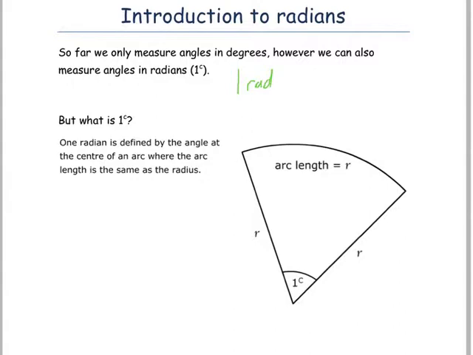Now, it looks like this is approximately around about 60 degrees. But let's see if we can find out what 1 radian is in terms of degrees. Now, this arc length represents part of the circumference of the entire circle.